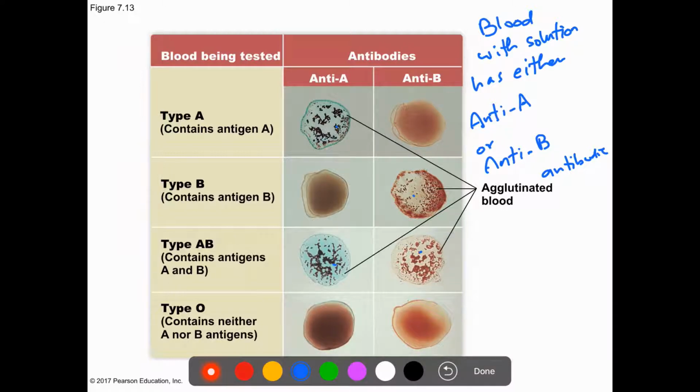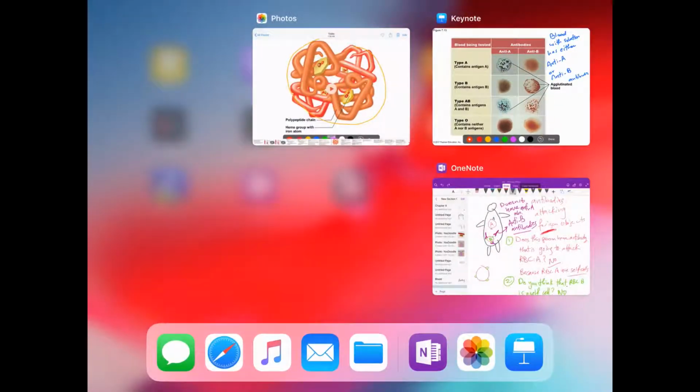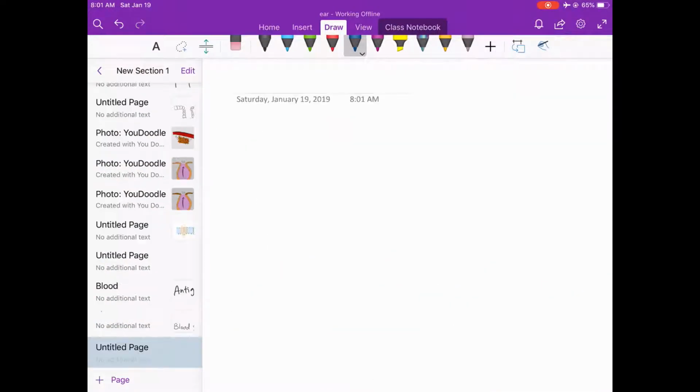Okay, let's go back to OneNote. So we said we have a solution, or let's start with the blood. This is the blood, okay? And this is the solution. This solution has anti-A antibody.